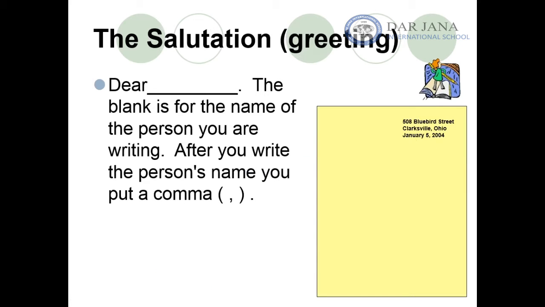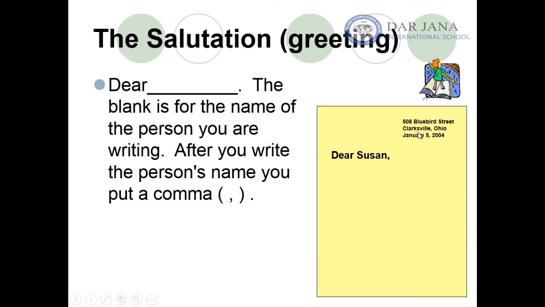After the heading comes the greeting, excellent. In the greeting we write dear, then the name of the person we are writing for, and remember, we always write the proper name with a capital letter. And after we write the name, what do we put? A comma, excellent. So we start with, for example, dear Suzanne.